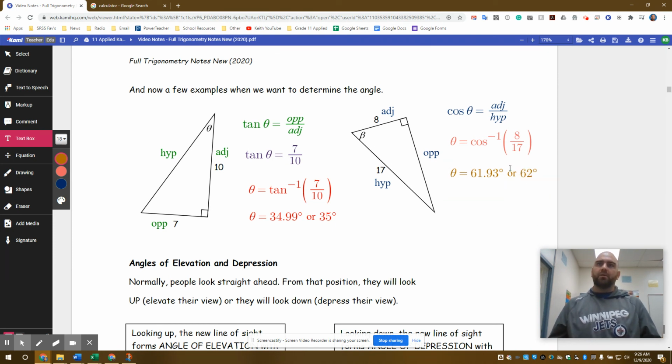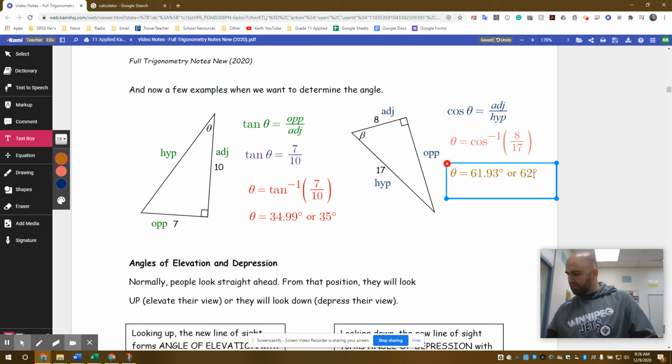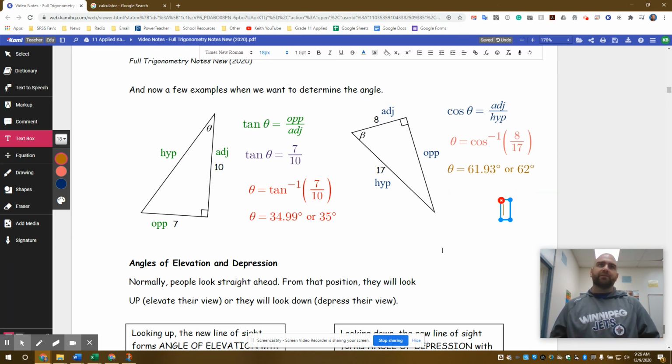This should be rounded to the nearest whole number. The 61.93 would be to 2 decimal places.